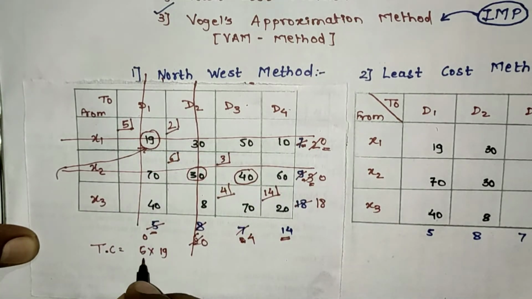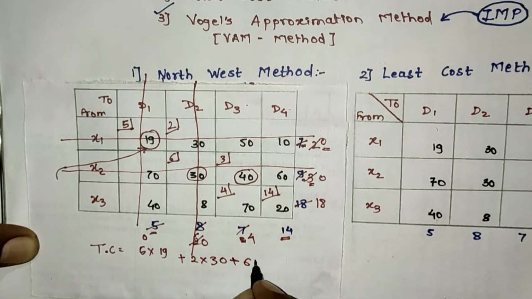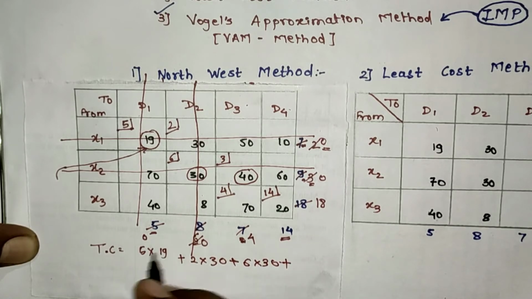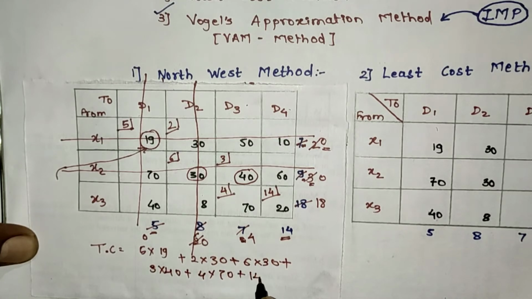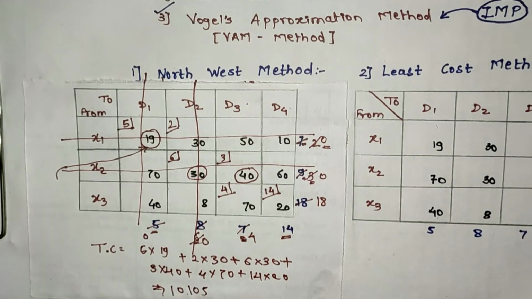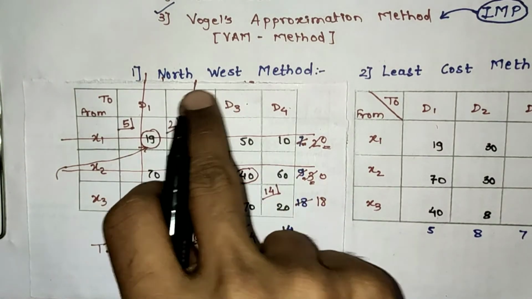So 5 into 19 plus 2 into 30 plus 6 into 30 plus 3 into 40 plus 4 into 70 plus 14 into 20 equals 10105. This is the total cost required if we go with the northwest method.